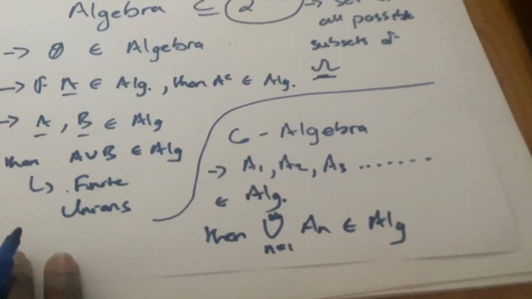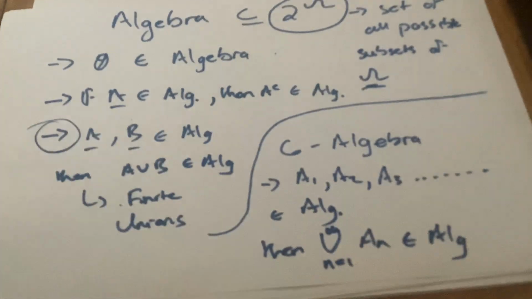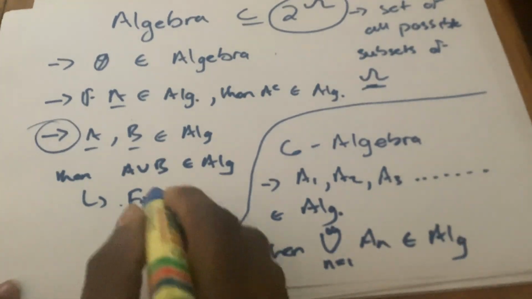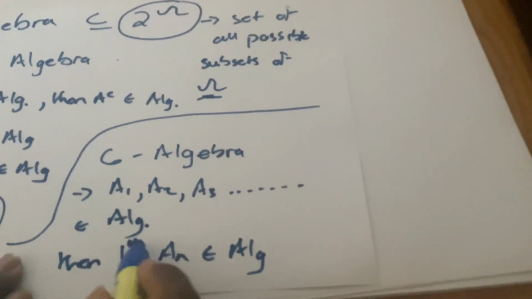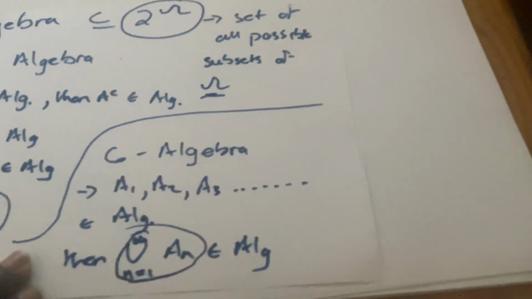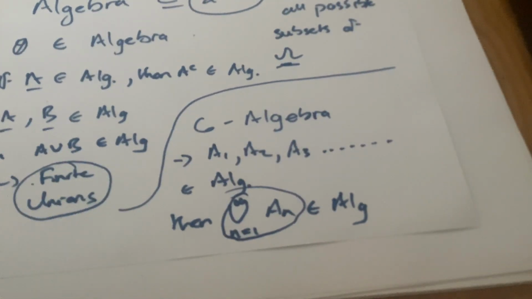What this fourth condition does is take the third condition, which spoke specifically to finite unions, and extend it to infinite unions.